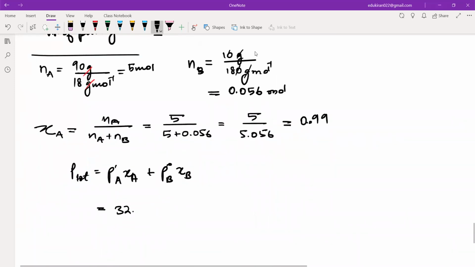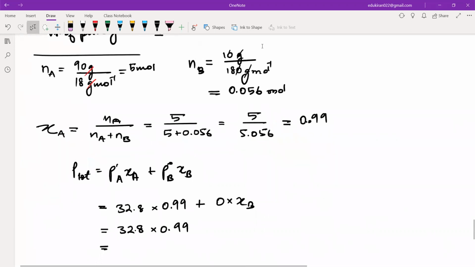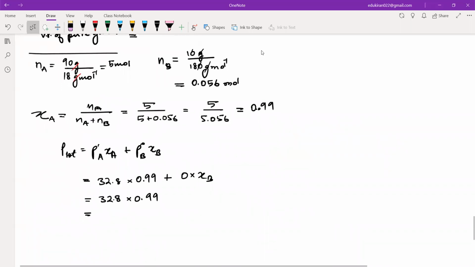So 32.8 mm of Hg multiplied by 0.99 plus 0 into chi B. Simplify this and tell me what the answer is.